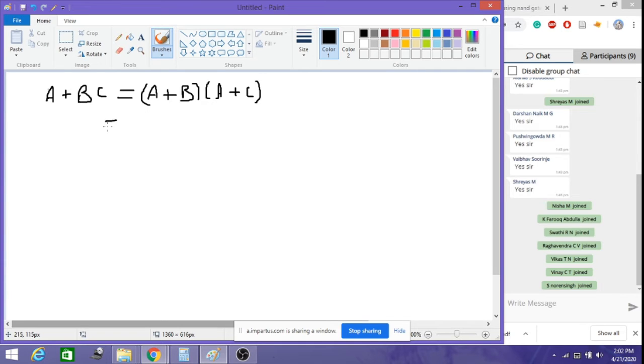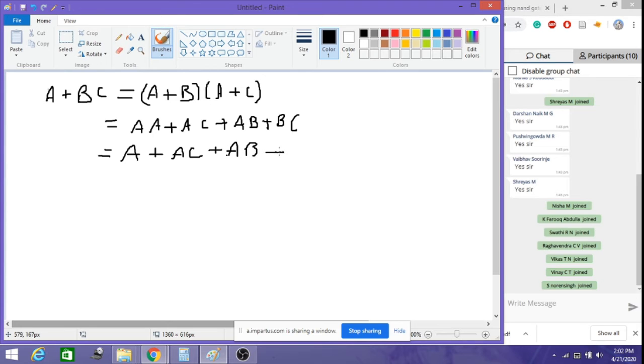So first let us open up the brackets here. So we'll get A into A plus AC plus AB plus BC. Now from the previous theorem, A into A is equal to A itself. So this will result in A plus AC plus AB plus BC.